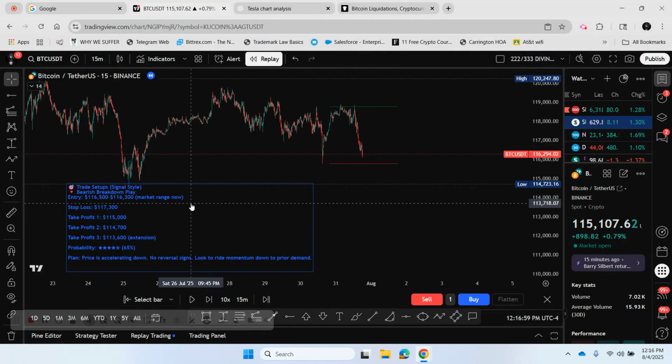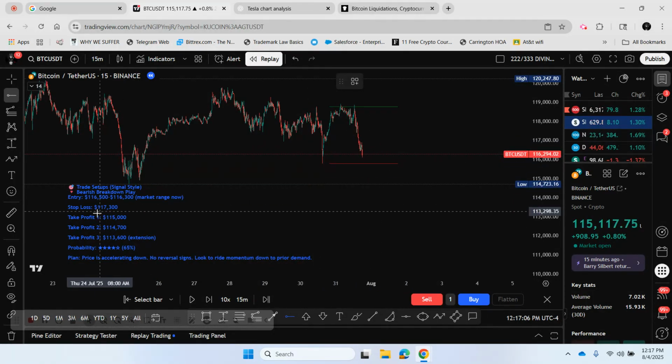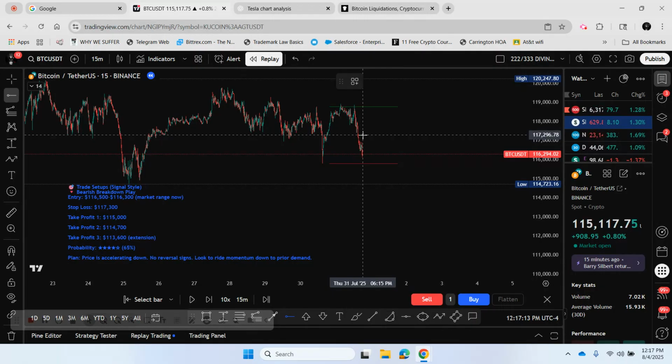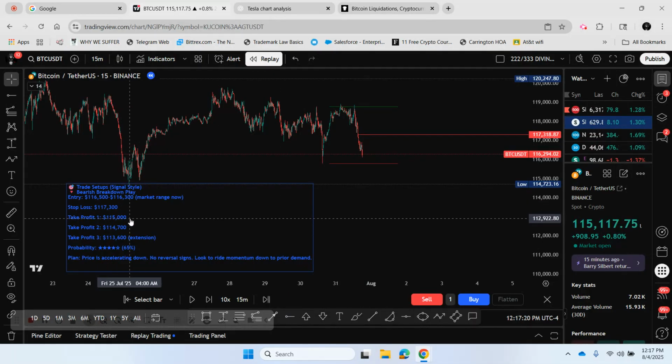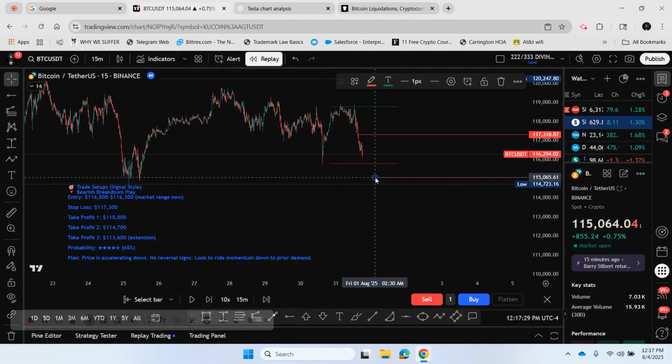So basically in your market range now, you can look to go short. You're going to have a stop loss at 117,300. Your TP will be at 115 flat, which should be right in this area here. I'll just do that, and we'll change this to green.